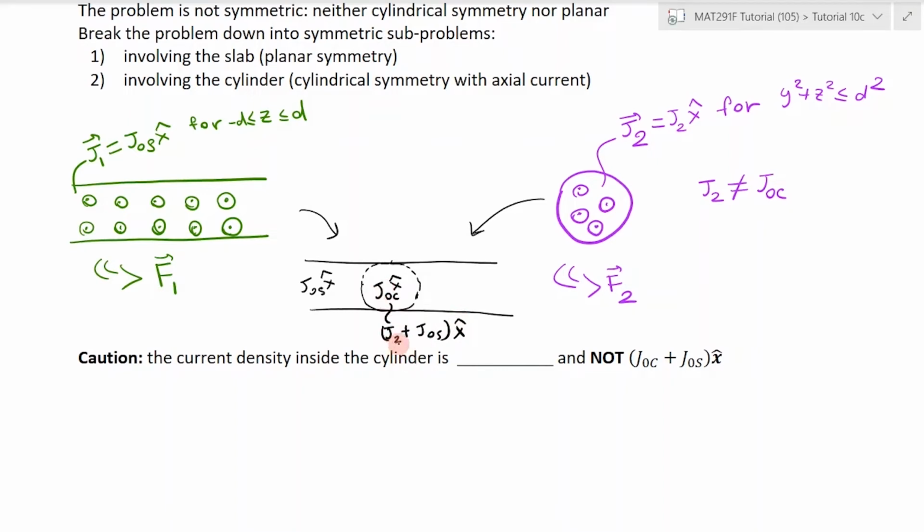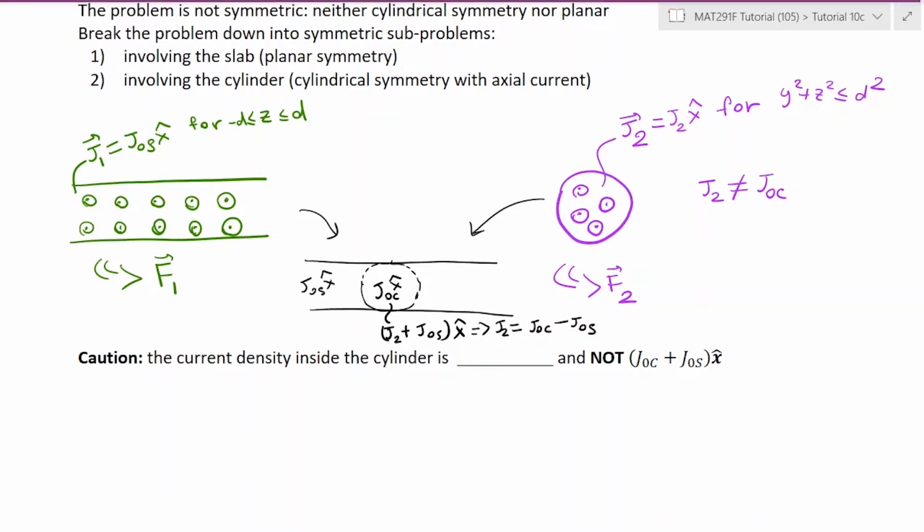So let's solve for J2 from here. Equating the x components, we get J2 plus J naught S equals J naught C, and then we solve for J2 and get J naught C minus J naught S.